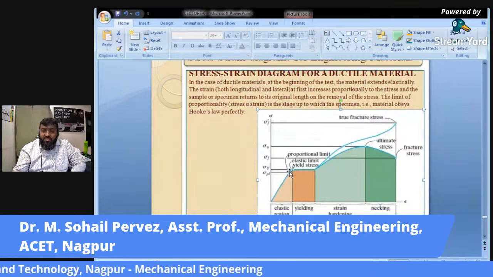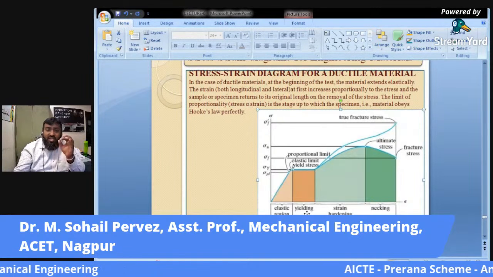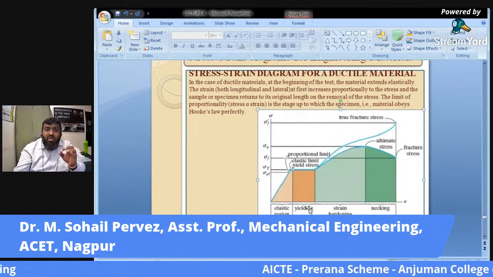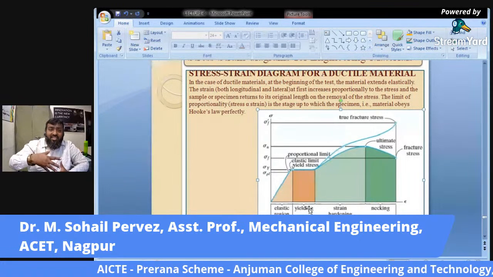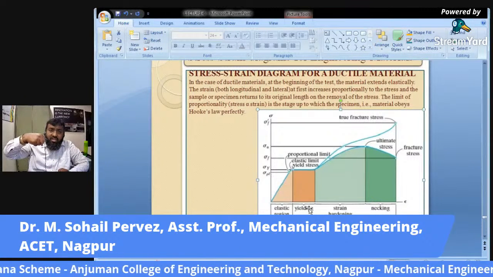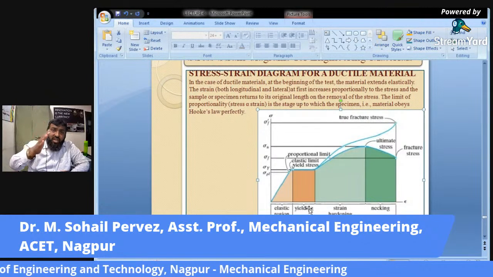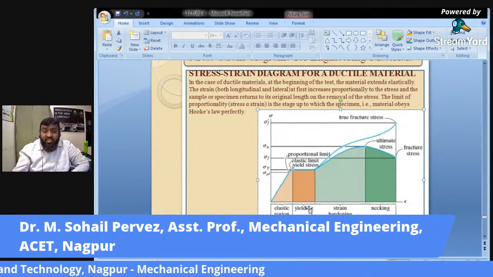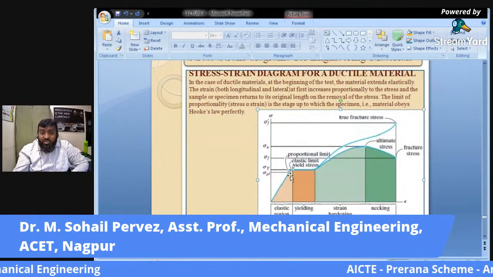If we increase again, the next point will come, the point up to which the material regains its elasticity. If I remove the load from this rod or specimen, it will deform and then acquire its original position. We say that it has elasticity. So this region is known as the elastic region.